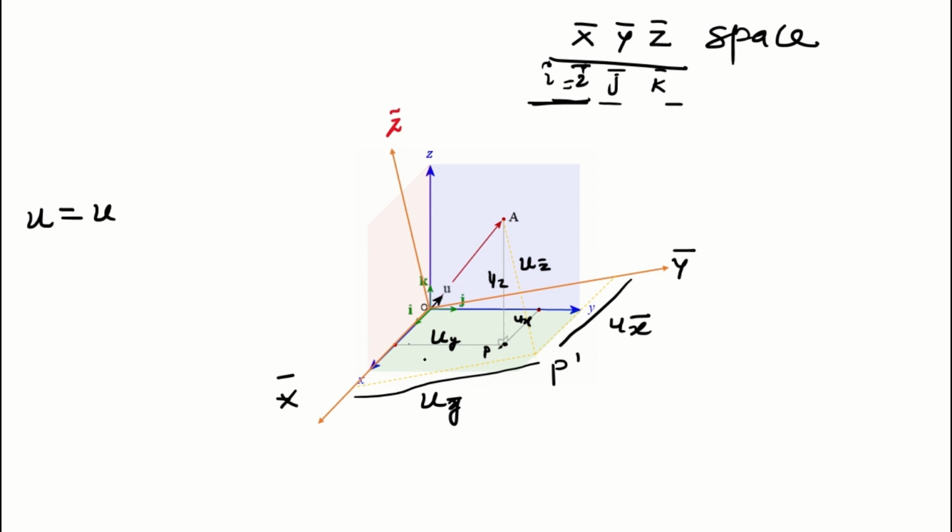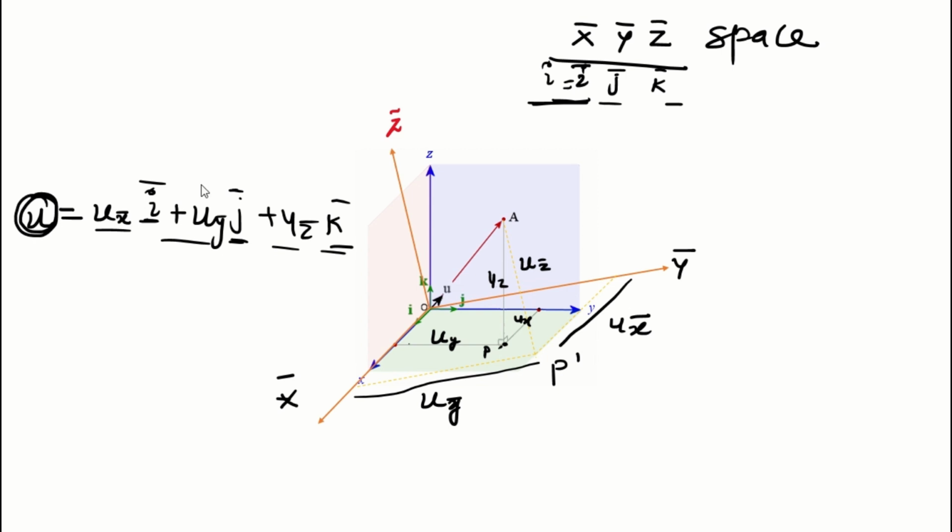The vector remains the same, but now we are writing u in terms of the new coordinate system. Its components are ux bar with basis vector i bar, uy bar with j bar, plus uz bar with k bar. So when we change the basis vector, the components also change, but the vector remains invariant.